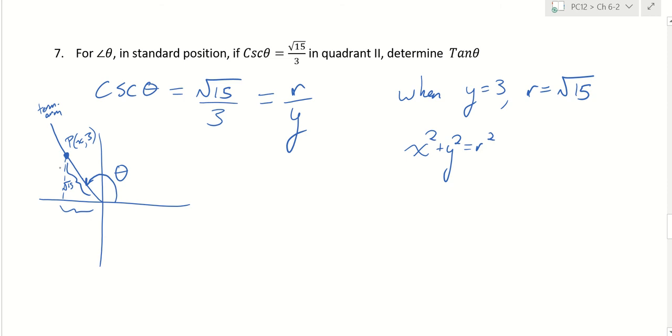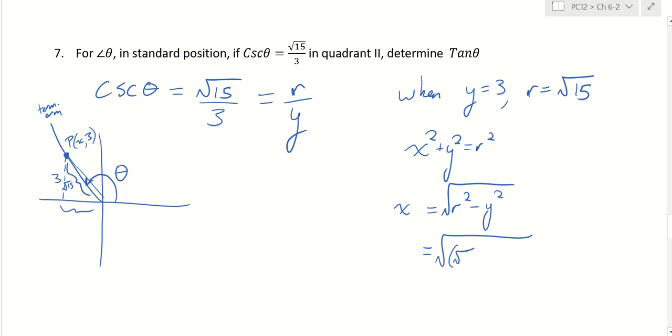Okay, so let's then find the corresponding x coordinate, right? Because we know that this triangle has a height of 3 and its hypotenuse is root 15. So x squared equals r squared minus y squared. Just a little bit of algebra there, just rearranging the formula. And then we're going to take the square root of that. What is r? r is root 15.